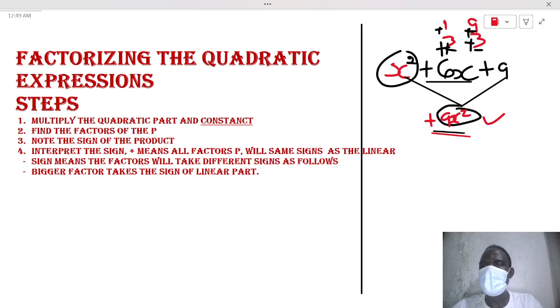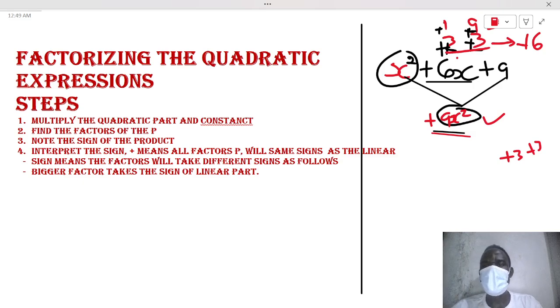If you take plus 3 and plus 3, you get plus 6. Plus 1 and plus 9 gives plus 10, so it cannot give 6.